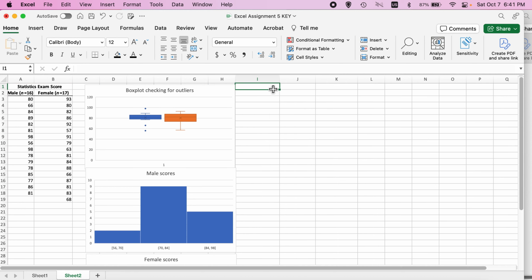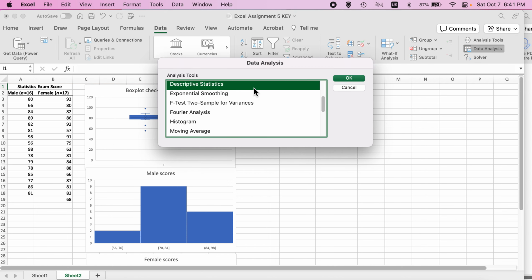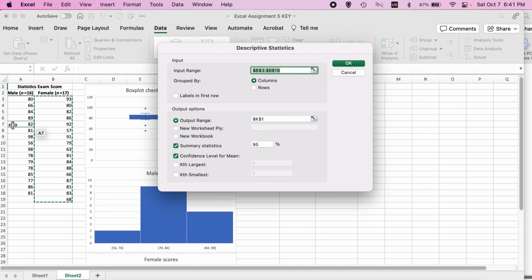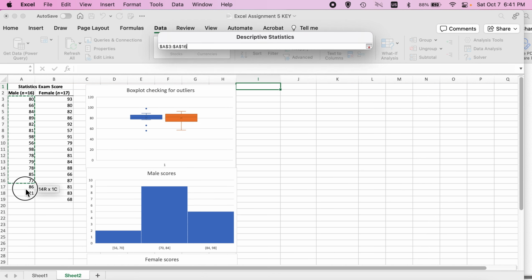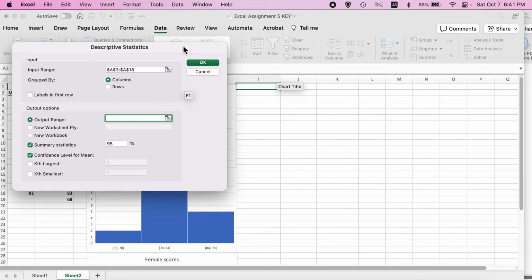We're going to just do the descriptive statistics tab, which is under the data analysis. So, descriptive statistics. You will have to do each one of these separately. Sorry. You will select the input range, and then as far as the output range goes, you want to say where you want this.